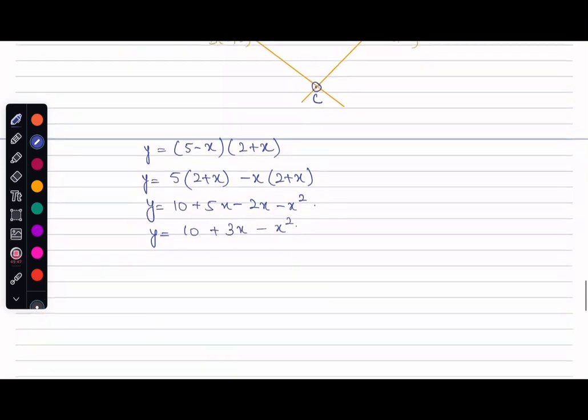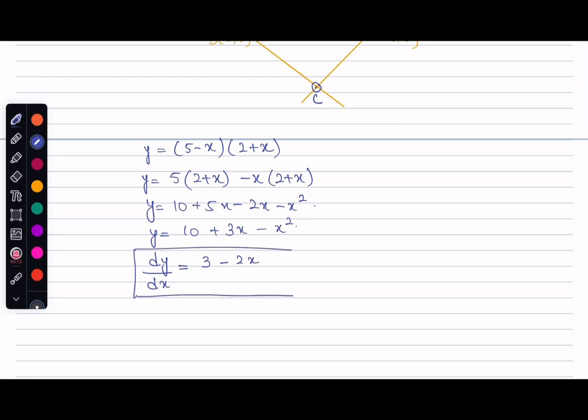So I should be having the first derivative to have the gradient of the tangent. The 10 gets eliminated, the differential of 3x is just 3, and minus x squared gives me the differential minus 2x. So this is the gradient equation that I should be having here.